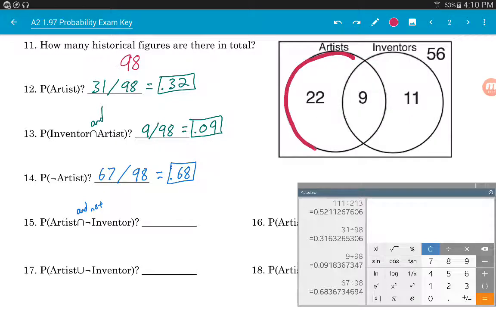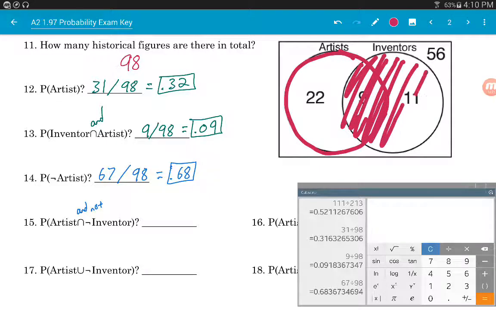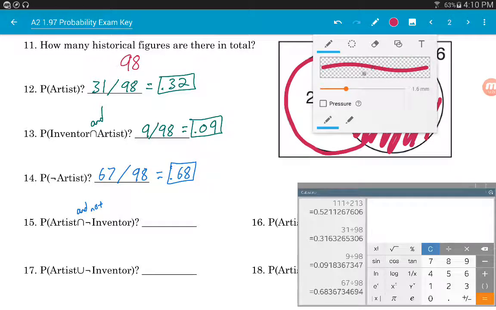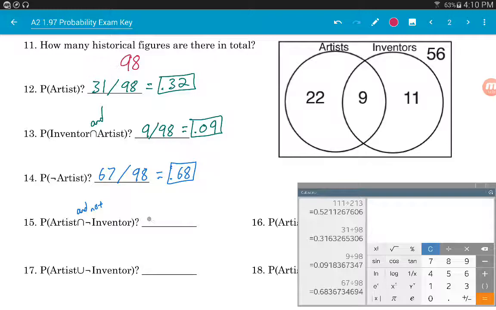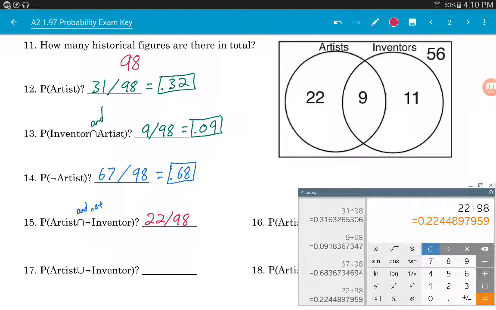So they are an artist, meaning they're in this circle, and they are not an inventor. Non-inventor, and they have to be an artist. So 22 out of 98, which is 0.22.